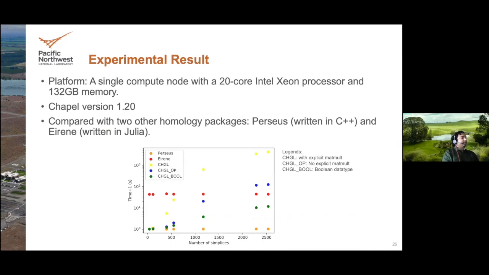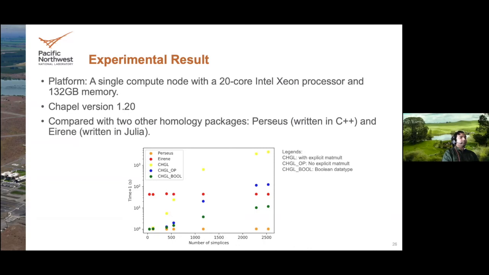We implemented our algorithm in Chapel version 1.20, and we compared our homology implementation with two other packages: one is Perseus, which is written in C++, and another is Irene, written in Julia. Here the legends show that CHGL means the performance with explicit matrix multiplication, versus without explicit matrix multiplication and with a Boolean data type.